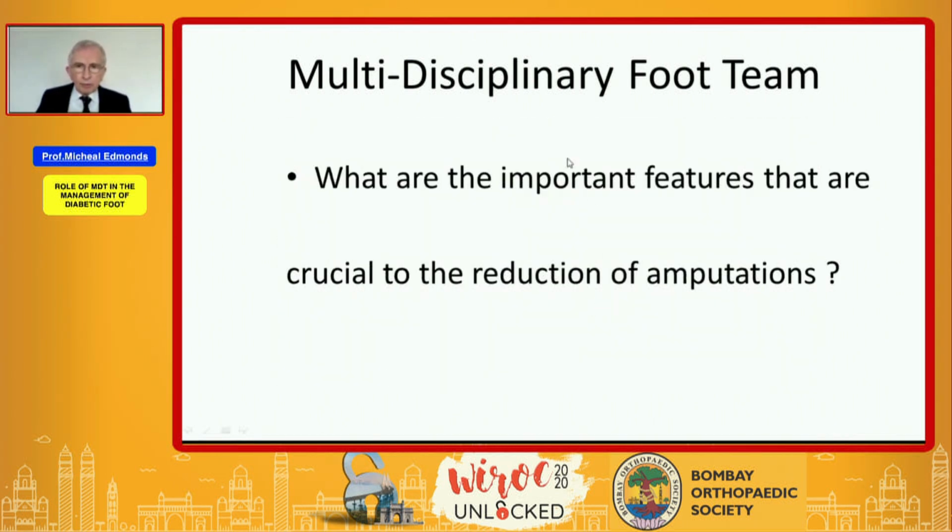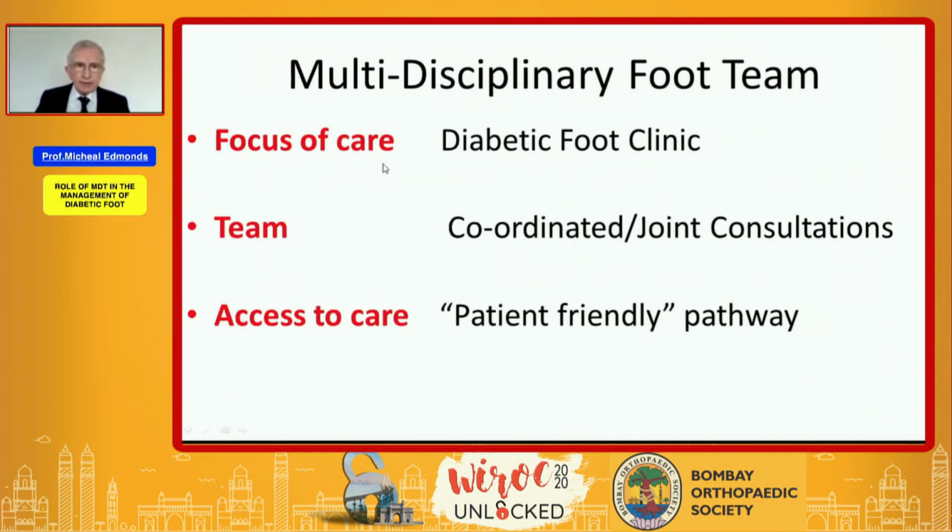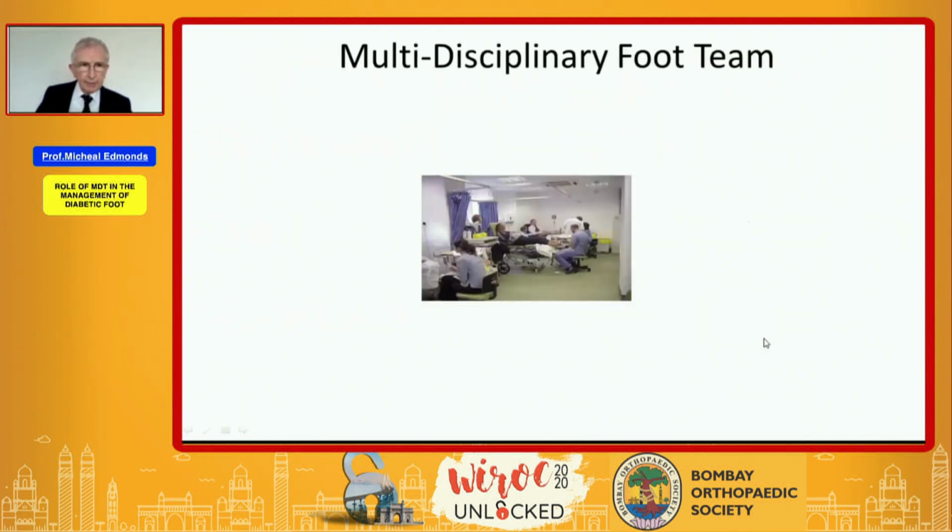What are the important features that are crucial to the reduction of amputations? Well, it's important that there's a focus of care and acting in the diabetic foot clinic. The team should act in a coordinated manner and take part in joint consultations, and there should be rapid access to care for the patient, a patient-friendly pathway to the clinic.